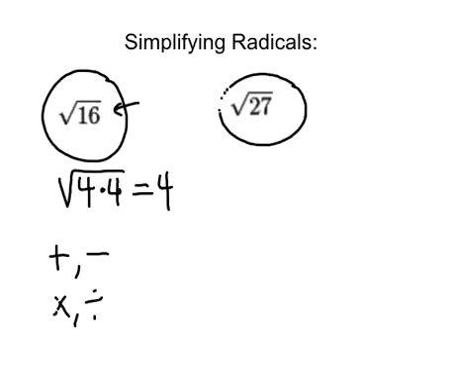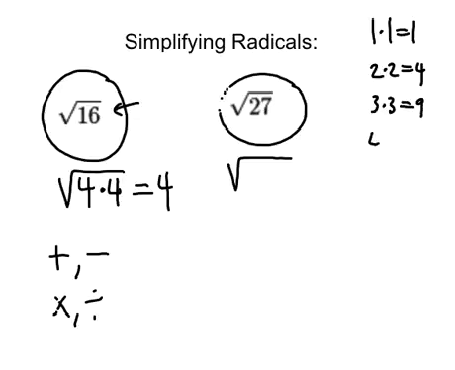So I'm going to think about other numbers that make up 27, and what I'm looking for are perfect squares. Perfect squares are 1 times 1, which is 1, 2 times 2, which is 4, 3 times 3, which is 9, 4 times 4, which is 16, and etcetera.